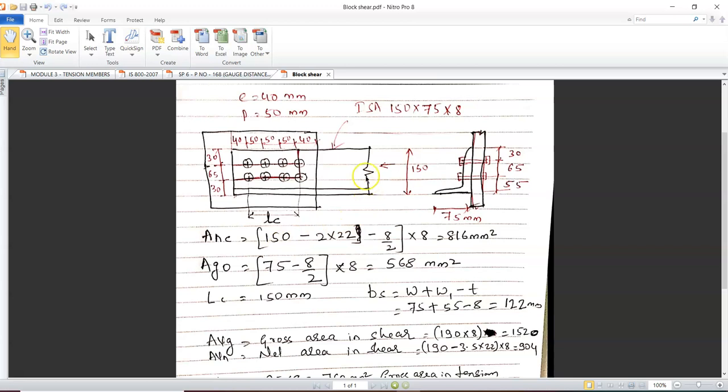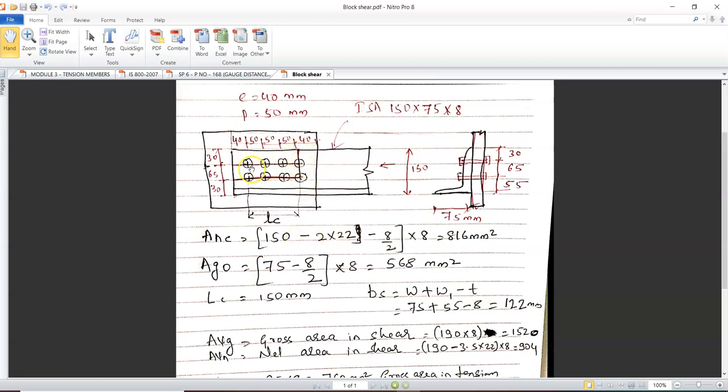The connected leg is 150 mm and the outstanding leg is 75 mm. For the net area, you can see there are two bolts along the connected leg, so that is 150 minus 2 bolt holes. Across each cross section there are 2 bolt holes, so that is 2 into 22. If it is a single row of bolts, you would deduct only 1 bolt hole.